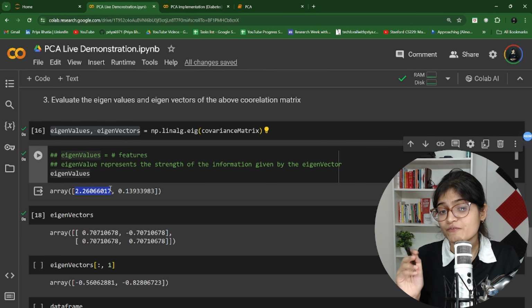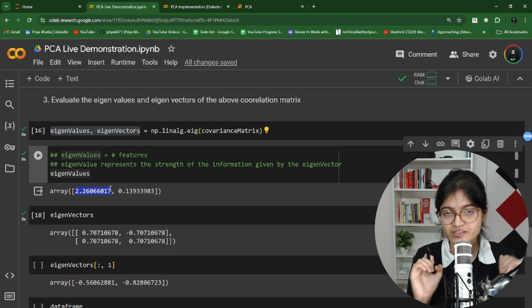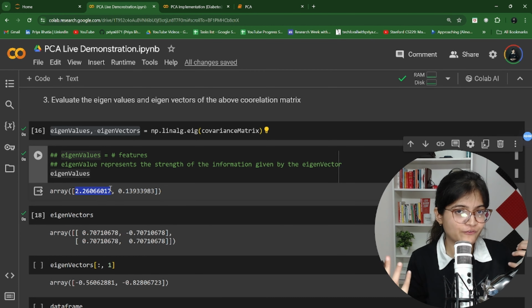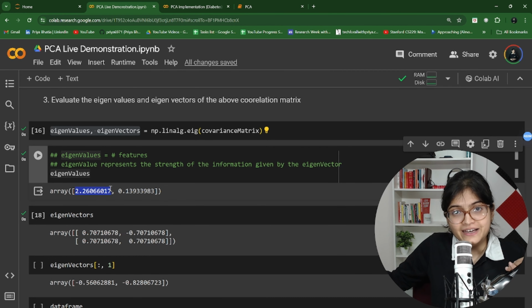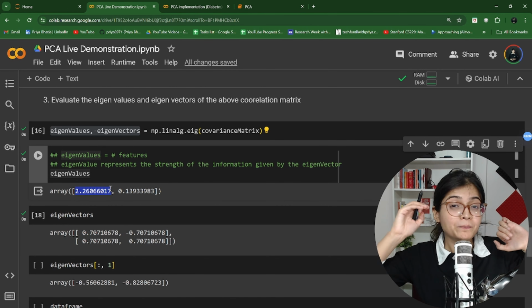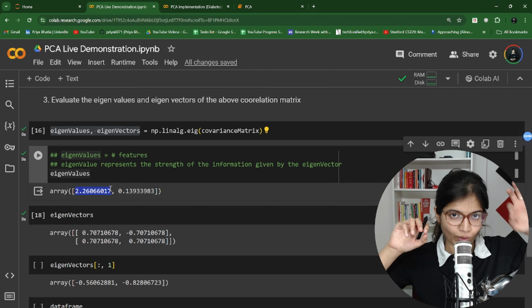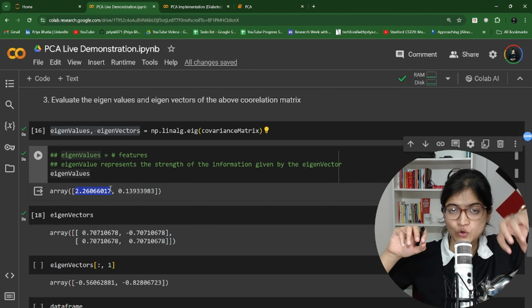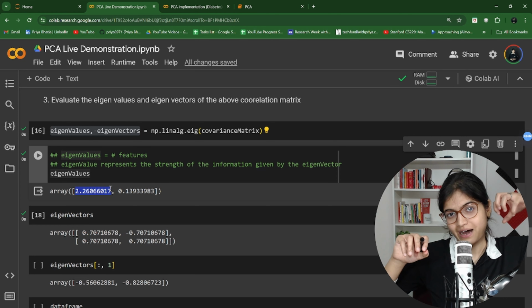So always remember, here we just have 2 features, but in future maybe we are dealing with 50 features. So we will have 50 eigenvalues and 50 eigenvectors. When you are trying to create PC1, PC1 will be the one having the highest eigenvalue. Corresponding to that, you will take the eigenvector.